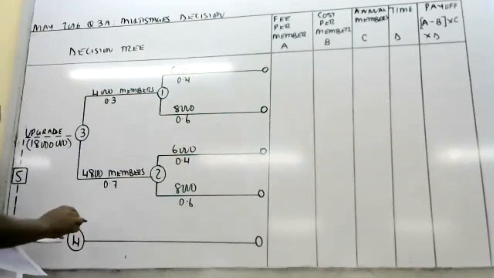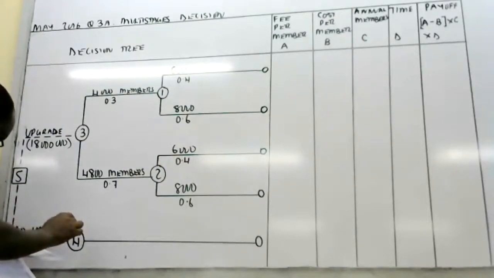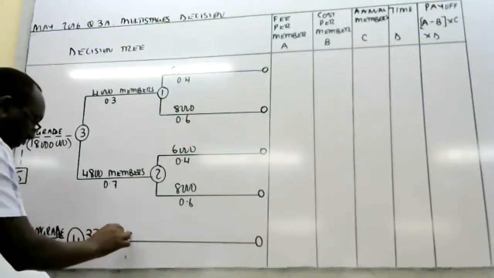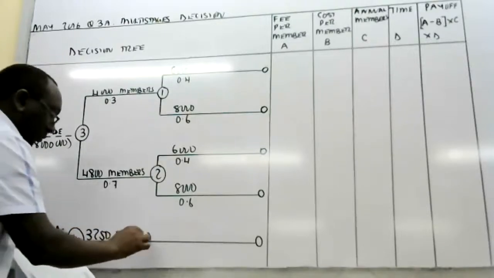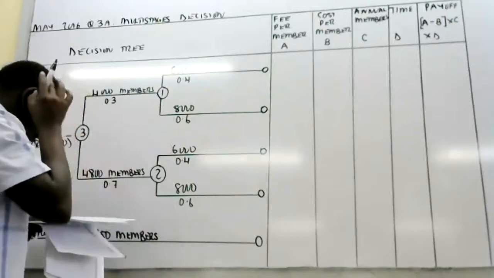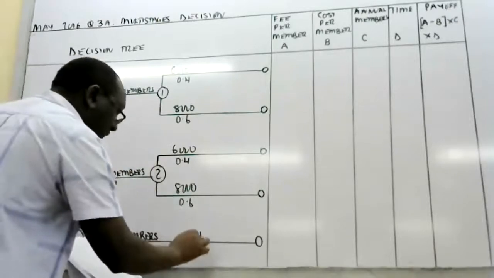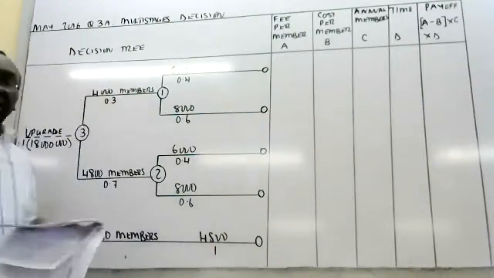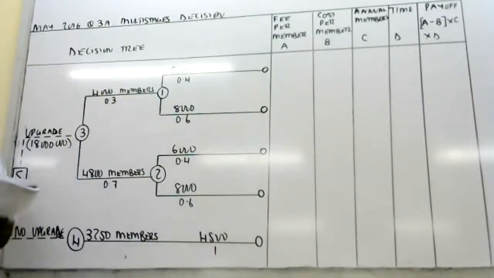The members here are 250. That's 250 members. And the cost is 4,500. The probability of year 3 is 1.